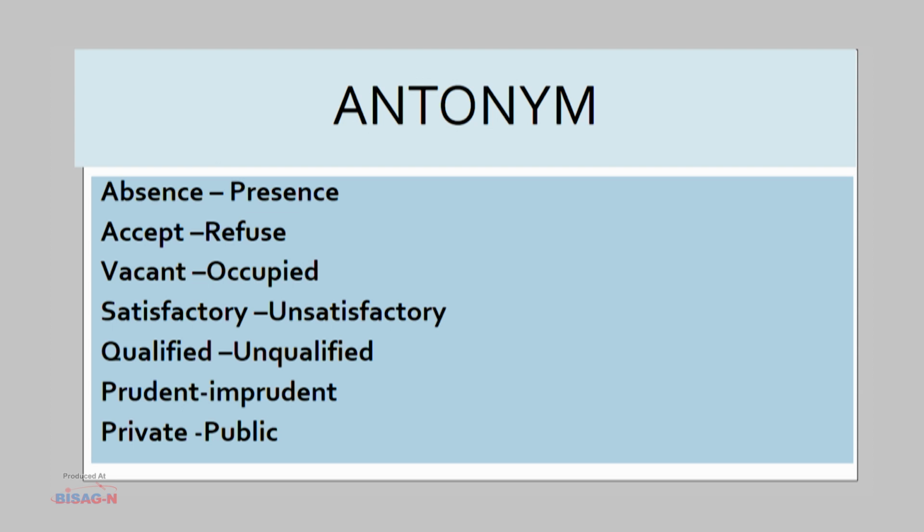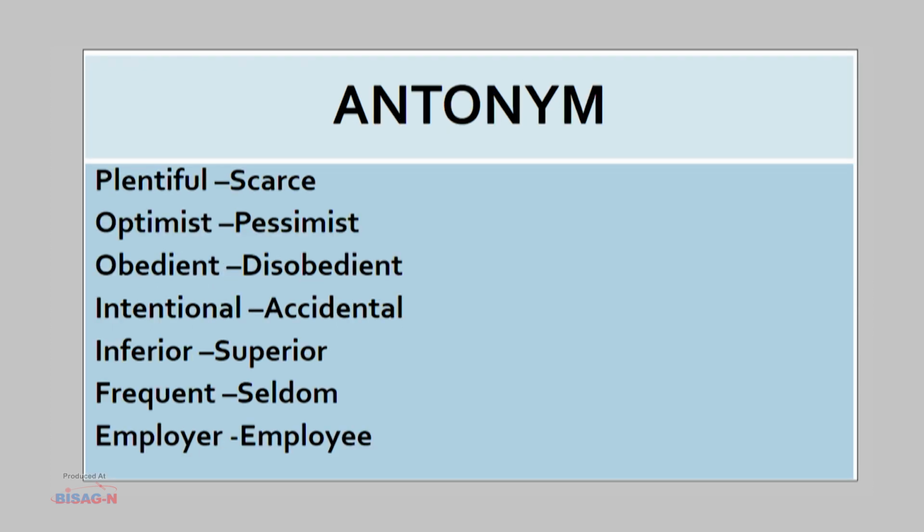So let's learn some more words. You can see plentiful, scarce. We have plentiful resources. Yes, resources are not scarce. Optimist, pessimist. Obedient, disobedient. Intentional, accidental. Inferior, superior. Frequent, seldom.